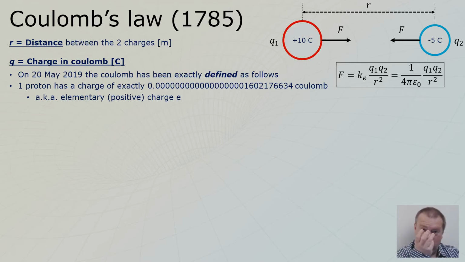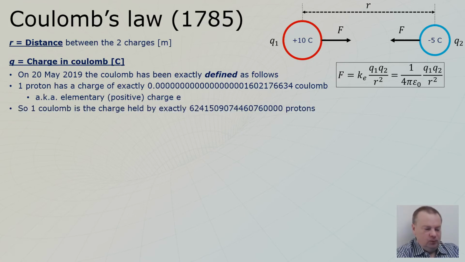So let's take one proton and look at how much charge it has. It has a tiny charge, an extremely small number. It's called the elementary positive charge E. Well, it will become clear why this number came up.